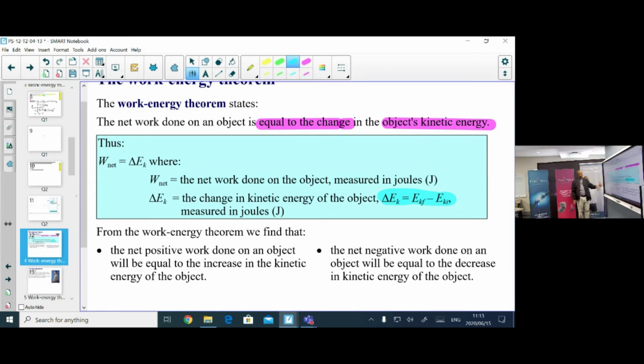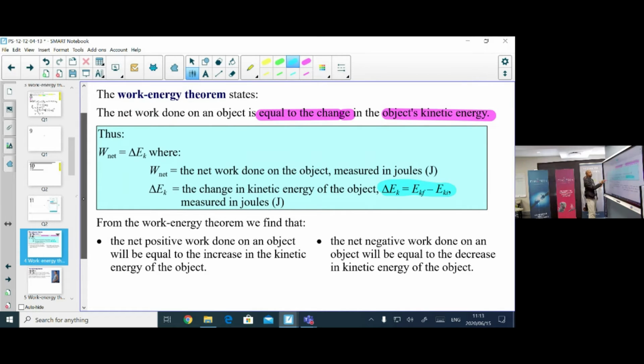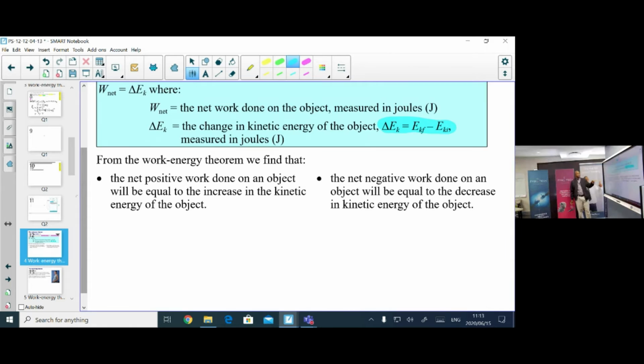Okay, if you can just look at this, this change in energy is going to be measured in joules. From the work energy theorem, we have found that the net positive work done on an object is responsible for the increase in the kinetic energy of the object.